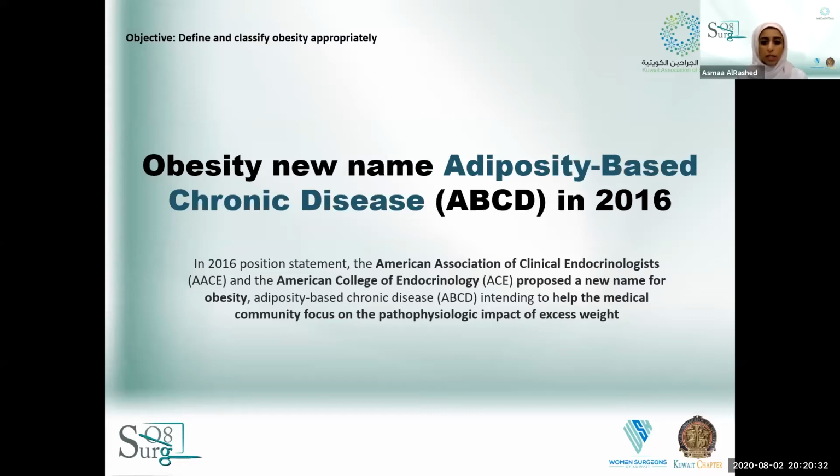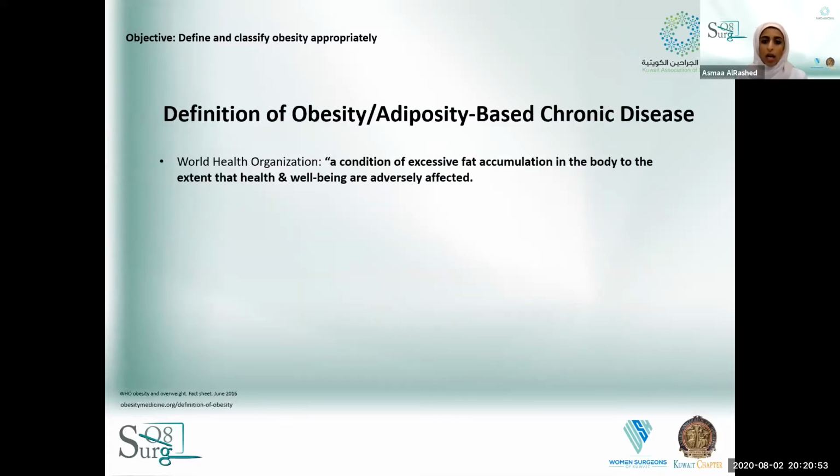The idea is that we want to focus on the disease rather than describing a person's appearance. Now, this term does not have to replace the word obesity, but it helps you focus more on the disease and everything else that comes with it.